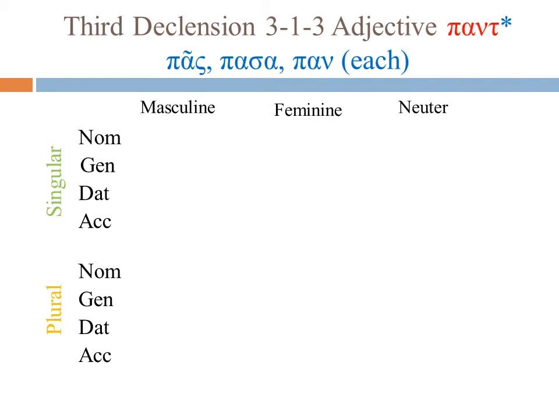The third declension, what I think is the best way to go, is to learn the adjective pas, pasa, pan, each in the singular and all in the plural. So one of the things that I'd like you to do is just go through and memorize this 3-1-3 declension. We'll look at it and I'll show you the kind of shortcuts for it. The nominative is pas, and this is happening because the sigma has touched a nu tau, and of course it's going to merge and it's going to come out as sigma. So we have pas.